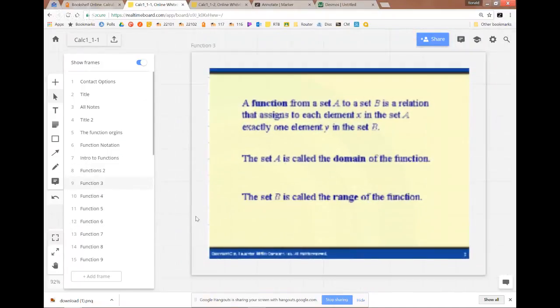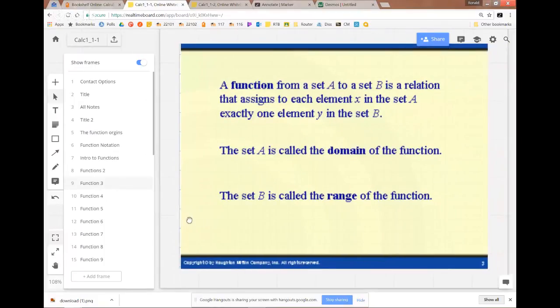For a function, we do have this restriction that when there's a given x in the domain, there can only be one element in the result. So in other words, for a function, you can't have two different results. An example would be, I go to the grocery store and I buy a gallon of milk, and they charge me a certain amount.